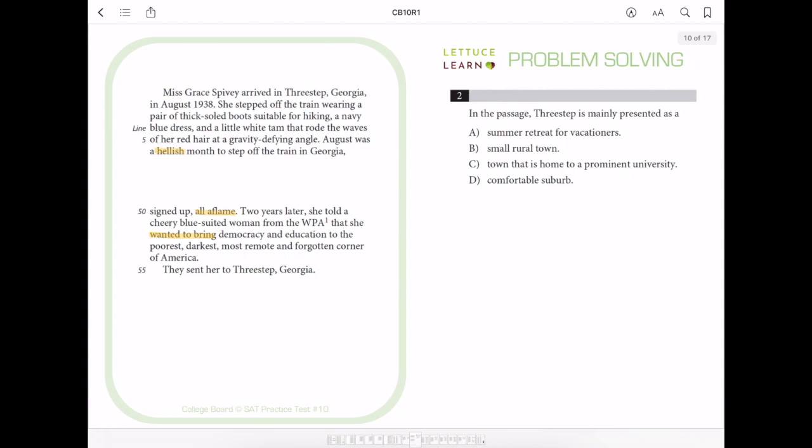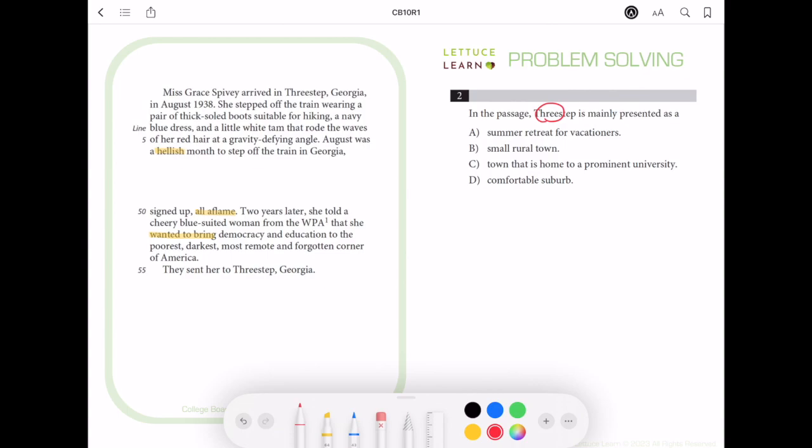Moving on. Number 2, the question gives you a proper noun. So that's your line reference. Remember that 3-step was mentioned in the very beginning of the passage and we can quickly check our labels to notice the negative adjective, hellish. So we'll go to our answer choices and we'll cross out any answer choices that aren't necessarily hellish, therefore negative conditions.